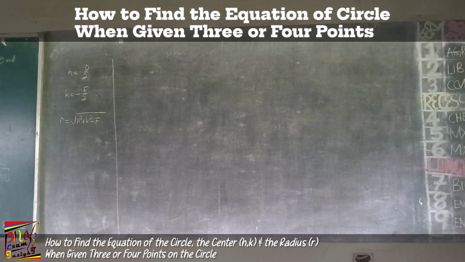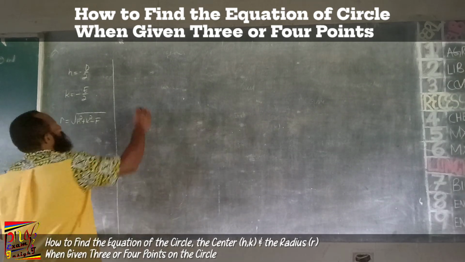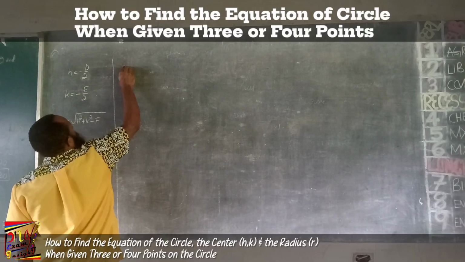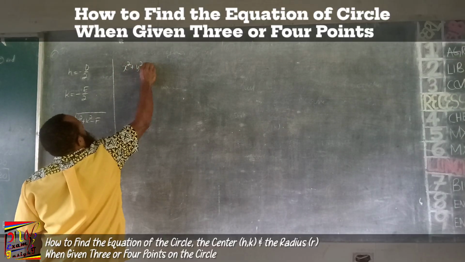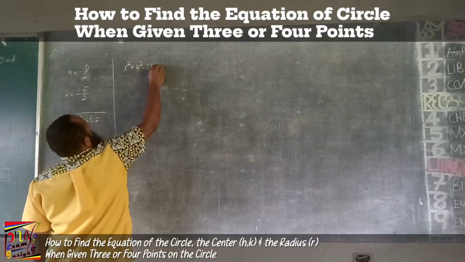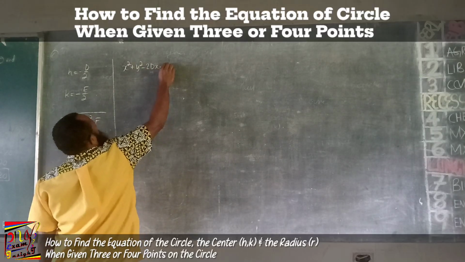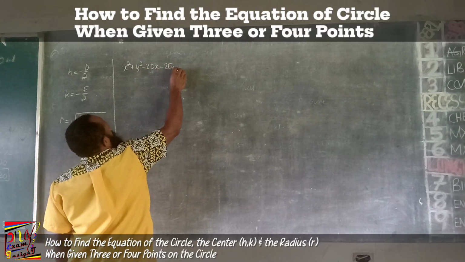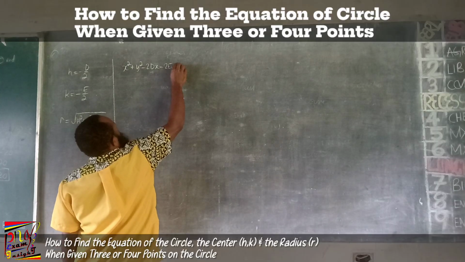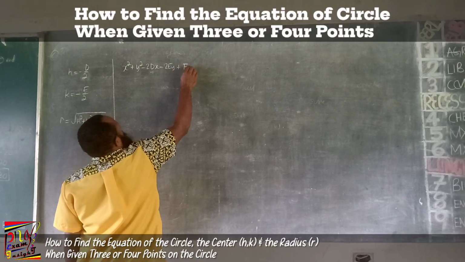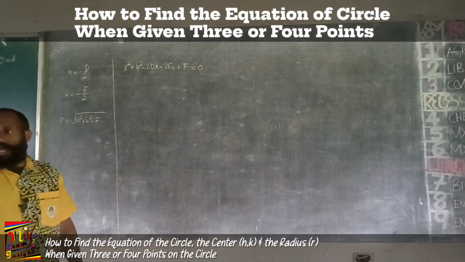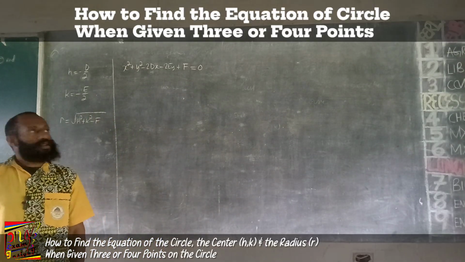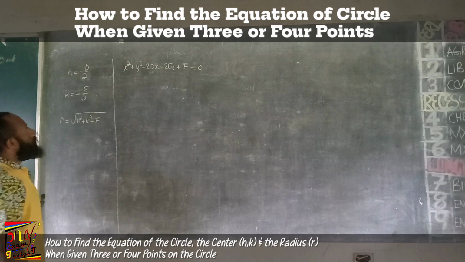The general equation, let me write, we have x squared plus y squared plus Dx plus Ey plus F equals 0. That's our general form equation.